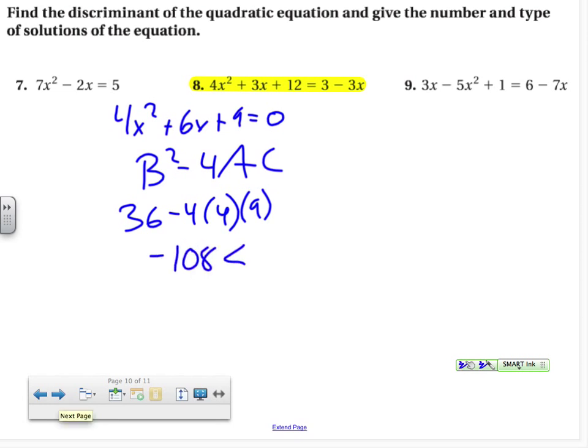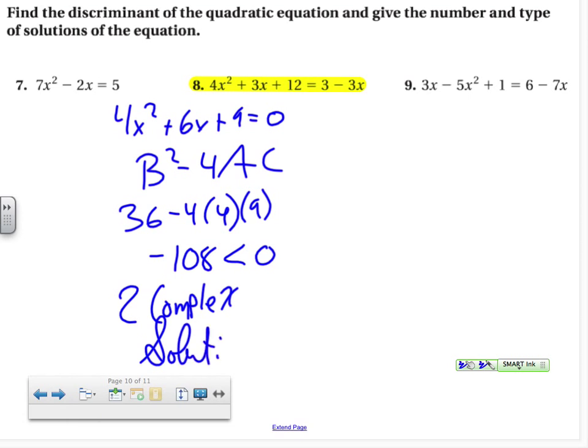Negative 108 is less than 0, so we have two complex solutions. And finally, number 9.